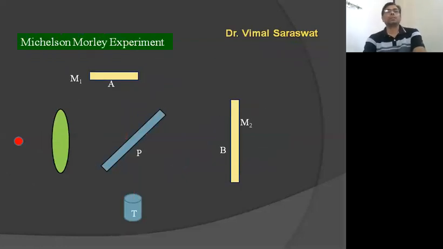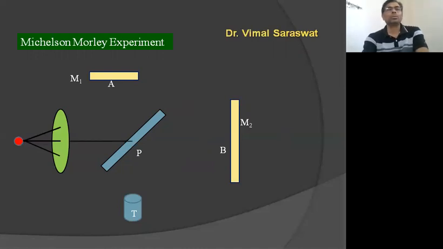Now, in the Michelson-Morley experiment, this is our experimental arrangement. Here we are not showing the plain glass plate due to the complexity of the figure. This is our incident beam. Now, the whole instrument is moving with velocity v.